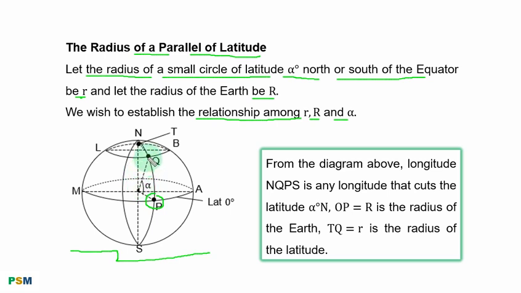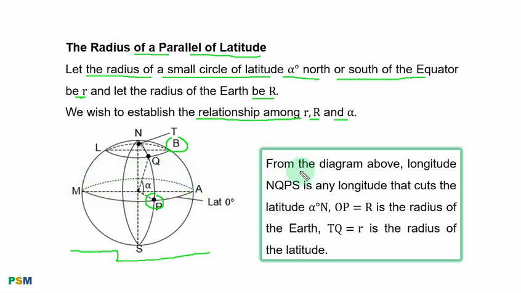Then we have Q, a small circle. Then from this Q we have this point. So Q here is the unknown latitude. So the angular displacement between P and Q is alpha. From here to here is the radius of the earth, because the equator passes through the center of the earth.